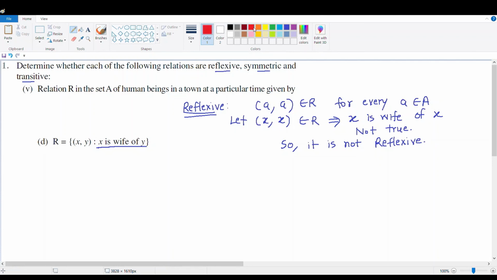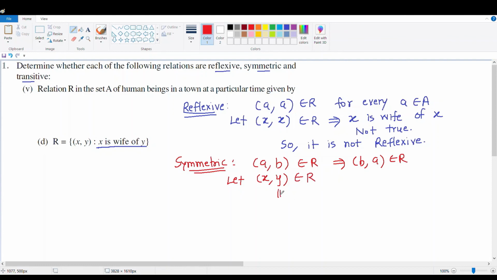Now we are going to check for symmetric. Now definition of symmetric says what? That if you have (a, b) in R, you must have (b, a) in R. So let (x, y) belong to R. Now if (x, y) belongs to R, that means from this condition x is wife of y.